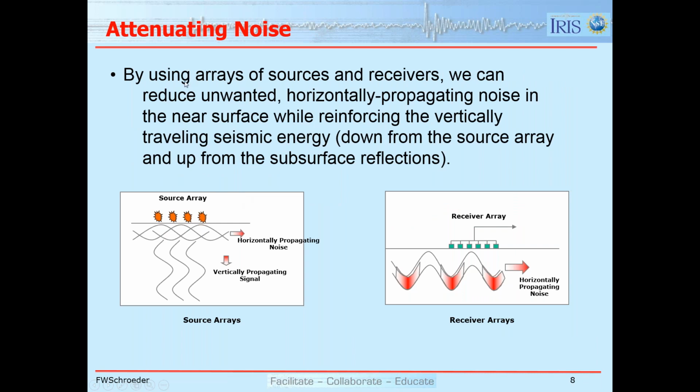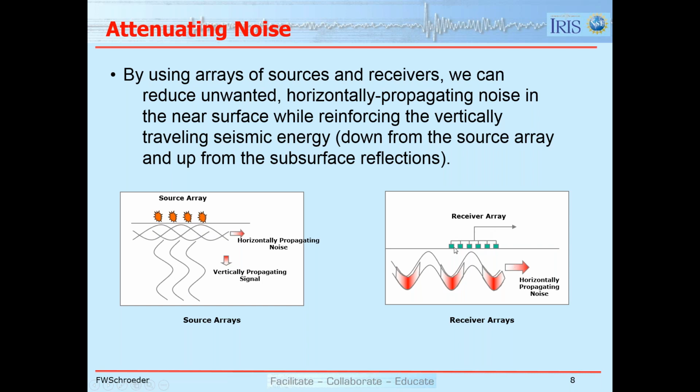We can attenuate noise by using arrays of sources and arrays of receivers. If we have several sources, and there's a lot of science in how we build these arrays and what their properties are, what we want to do is maximize the vertical downgoing energy and cancel out the horizontal energy through interference effects.